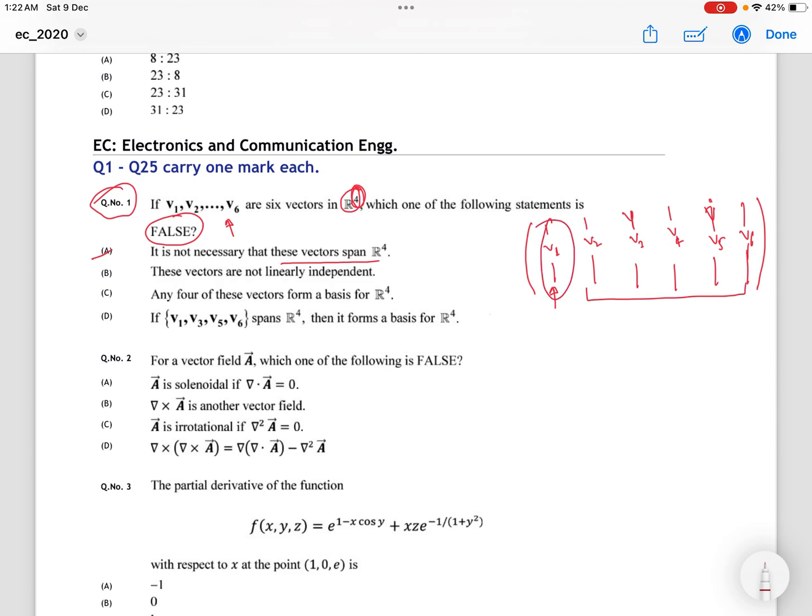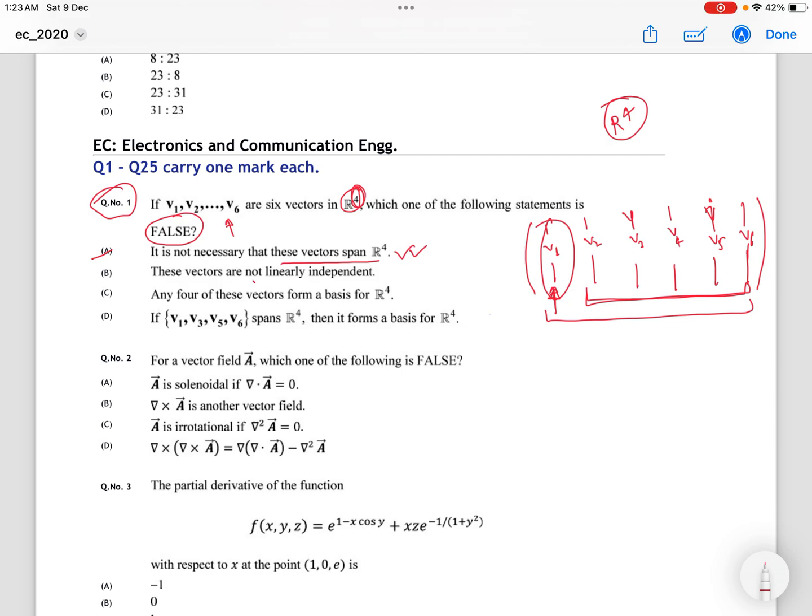So all other vectors depend on this v1. In that case, with these vectors I cannot span this 4 dimensional space. So it is not necessary that the vectors span R4. So this statement is true, but we have to find the false statement, right?